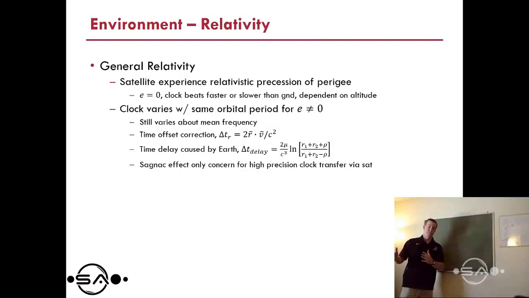So the other portion of the environment that we have to consider is relativity. General relativity: we know that if the satellite's passing overhead, because of the speed at which it's traveling, the clock on the satellite will pass slower than the one on the ground. So if we have a circular orbit, the clock may beat faster or slower than the ground, and that's dependent upon the altitude.